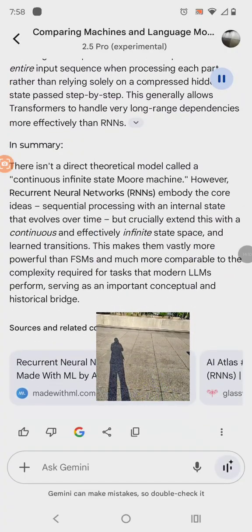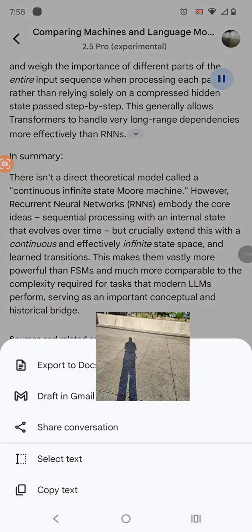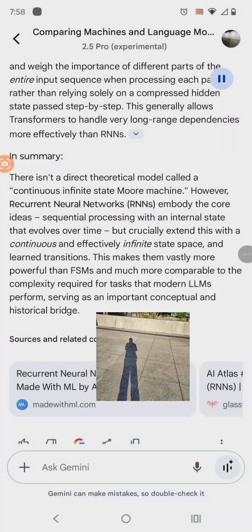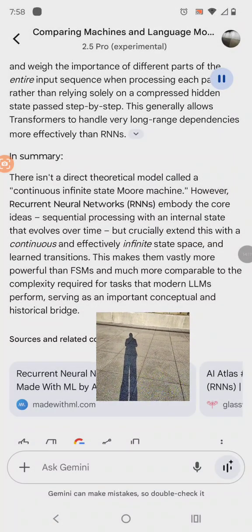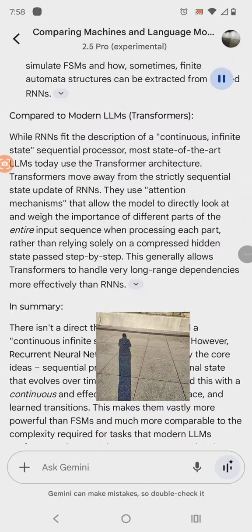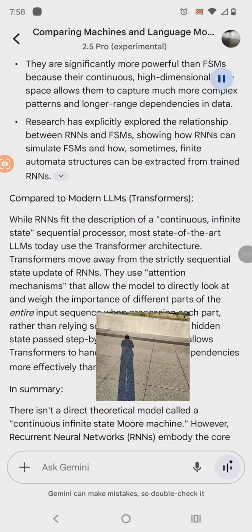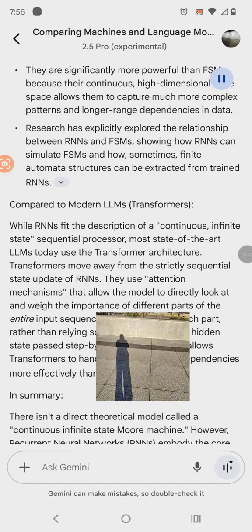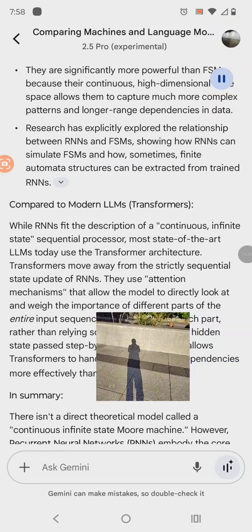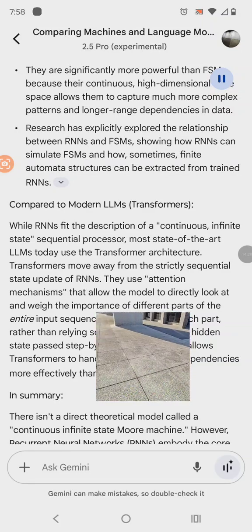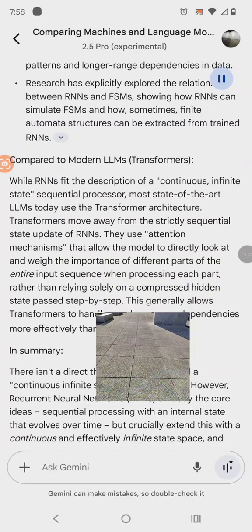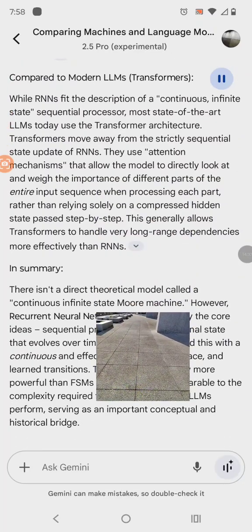Research has explicitly explored the relationship between RNNs and FSMs, showing how RNNs can simulate FSMs and how, sometimes, finite automata structures can be extracted from trained RNNs. Compared to modern LLMs, transformers: while RNNs fit the description of a continuous infinite state sequential processor, most state-of-the-art LLMs today use the transformer architecture.